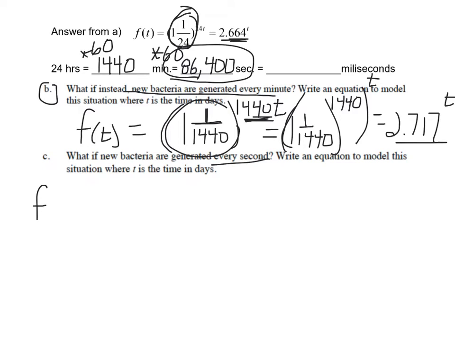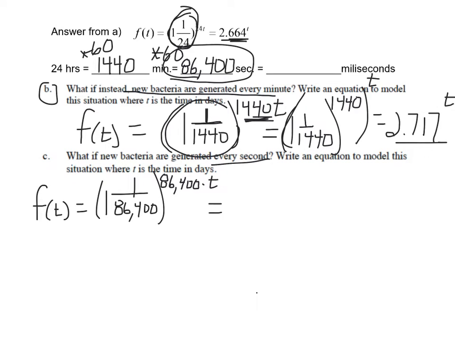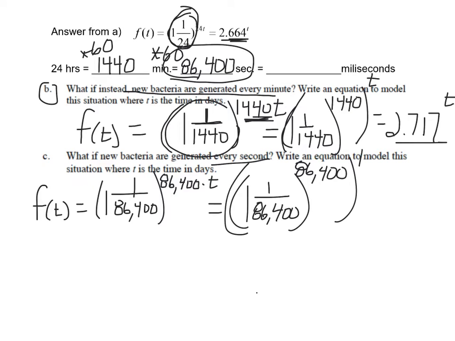So now f of t is going to equal 1 and 1 over 86,400 raised to the 86,400 times t, which I'm going to take 1 and 1 over 86,400 raised to the 86,400 raised to the t, and that becomes 2.718.